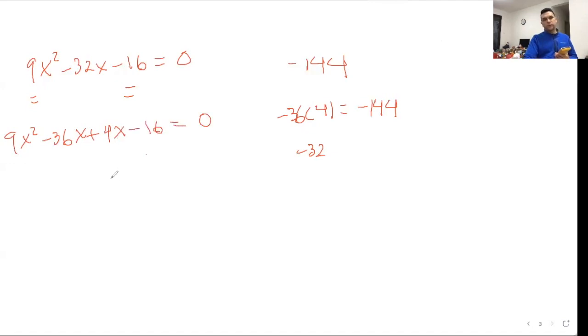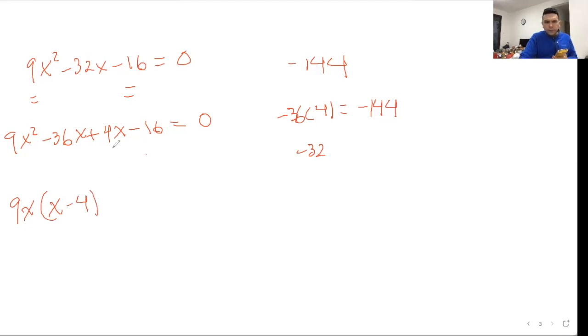Then I can factor out the 9x. It'll be x, 9x times x equals 9x squared, negative 36x, so I need to multiply it by negative 4.